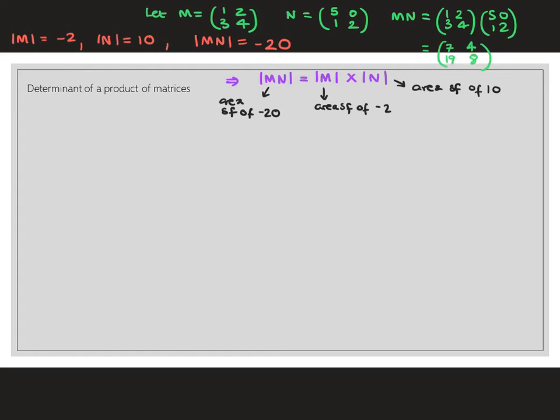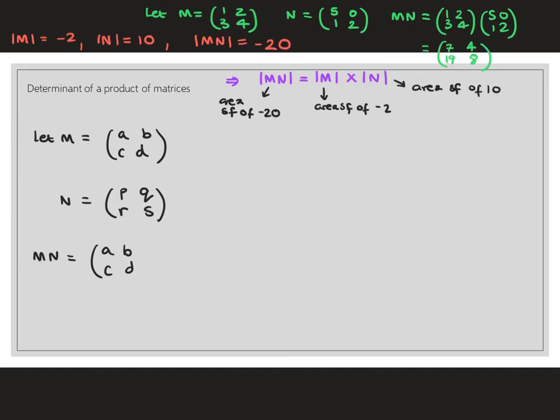Well, let's allow M to equal the matrix A, B, C, D, and let's allow N to equal the matrix P, Q, R, S. Now, the matrix MN is then going to be a little bit more complex, but we can work it out using matrix multiplication.